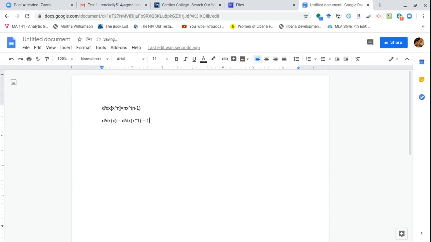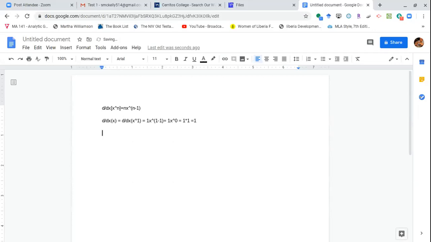Because n is 1, x to the power of 1 minus 1, right? Do you see that? And then this is equal to 1x to the 0 power, and then we have to use our exponent rules. x to the 0 is 1, so now we get 1 times 1, which is 1.